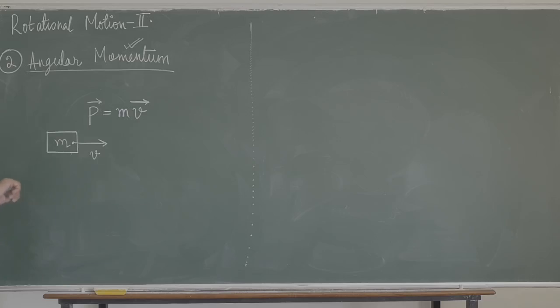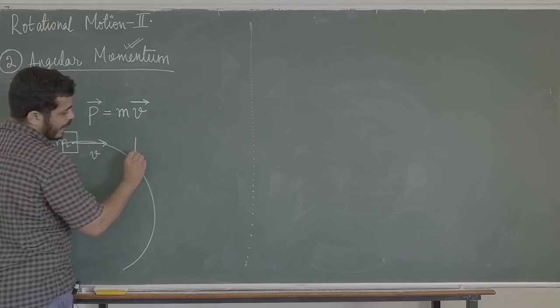So when something is rotating, imagine that this mass is going to rotate. So instead of moving in a straight line, this mass is going to rotate. Whenever something is rotating instead of moving in a straight line, automatically there is an axis of rotation. In such a case we do not have momentum, we have angular momentum.